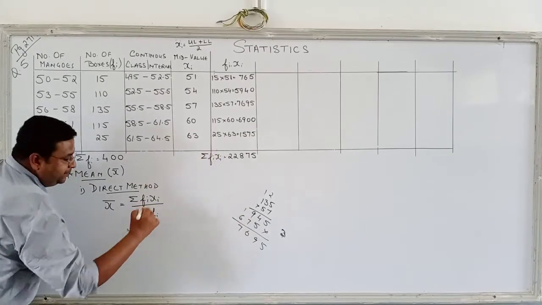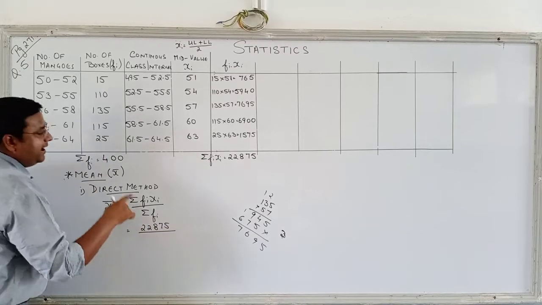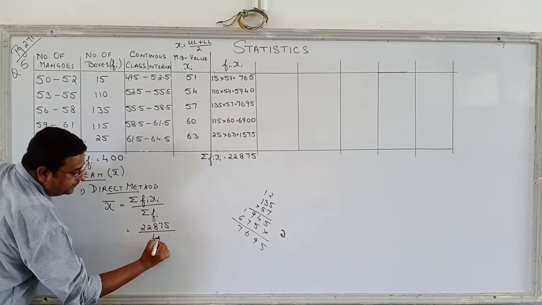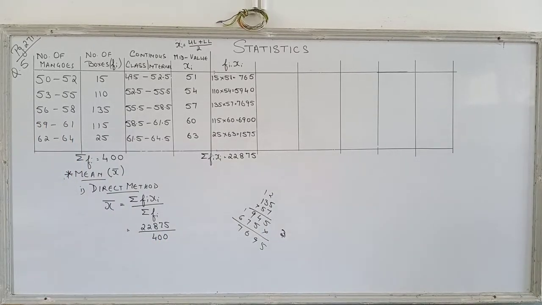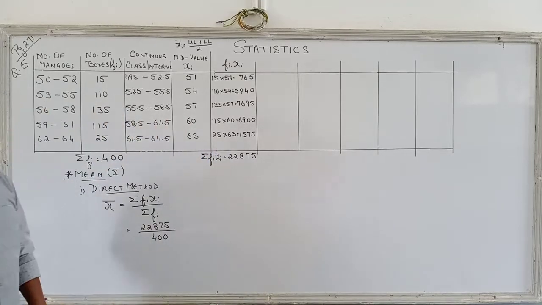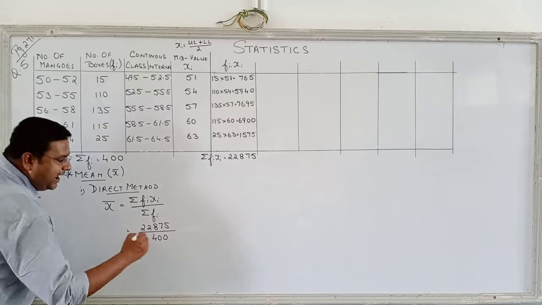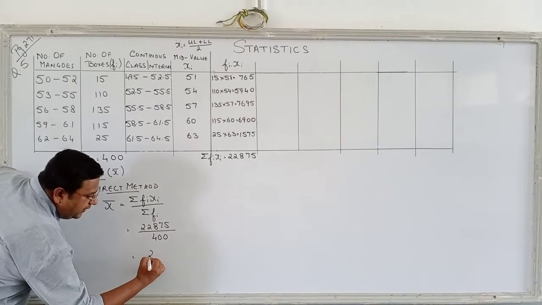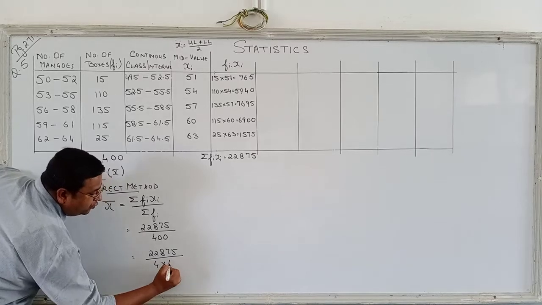Can we substitute the values in the formula? Sigma fi xi, 22875 upon sigma fi 400. Now sometimes we make mistake over here in multiplication division. Right? How do we simplify the multiplication division? See, very easy. So this is 400. Can I write it as 400 in 4 into 100? 22875 upon 4 into 100.